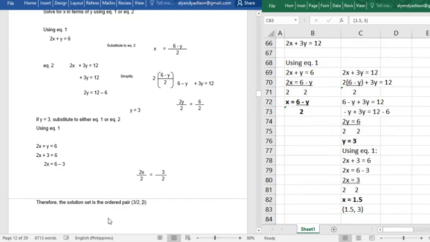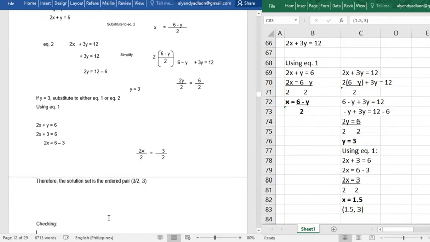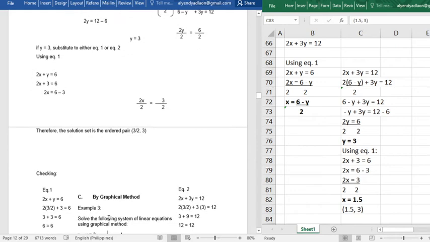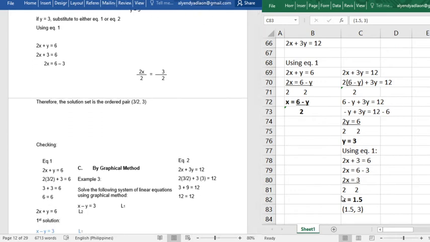Now class, let us check whether this is true, whether this will really satisfy our equation. Now for the checking, let us use the two equations to be sure. Using the first equation, we have 2x plus y equals 6.